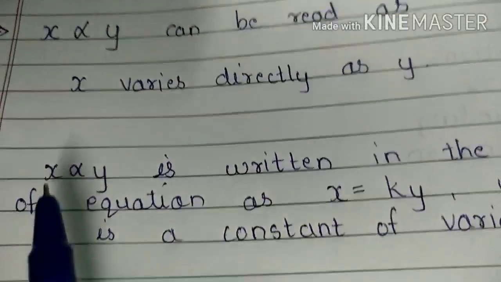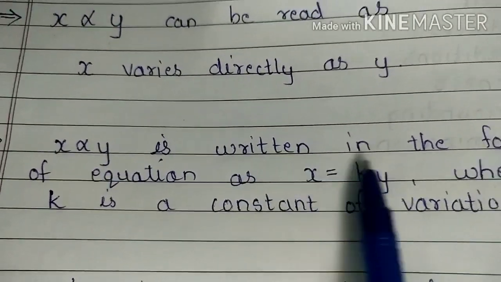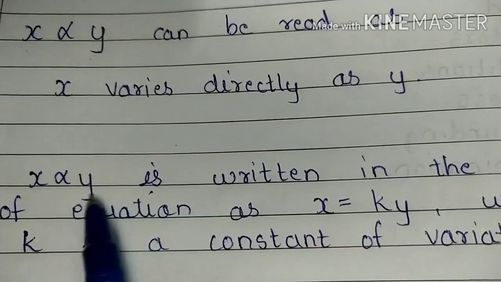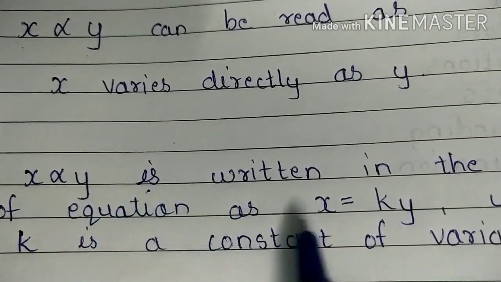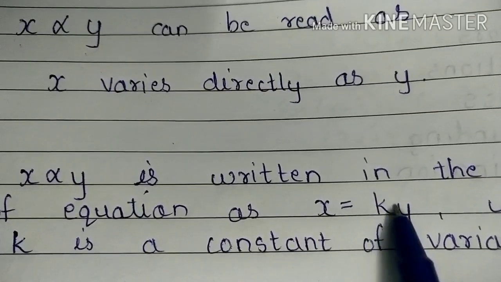Next, this x that is varying directly as y is written in the form of an equation. How to write it in the form of an equation? It will be x is equal to ky.